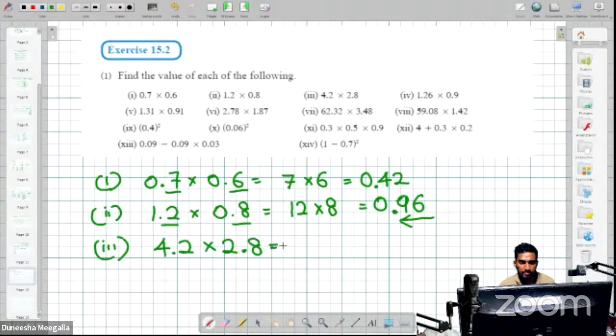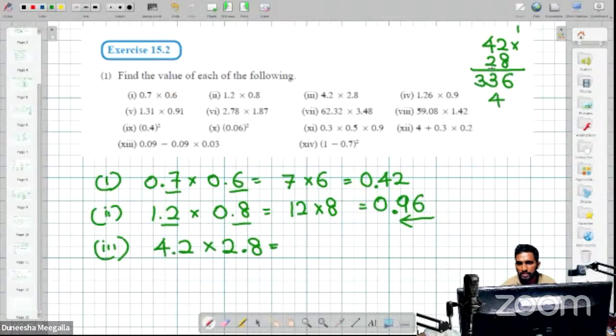Third one, what is 4.2 multiplied by 2.8? We have to multiply it out. 42 multiplied by 28. 8 multiplied by 2 is 16. Remaining 1. 8 multiplied by 4 is 32. 32 plus 1 is 33.